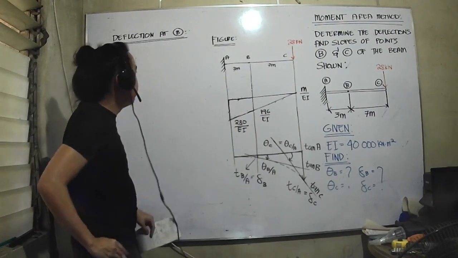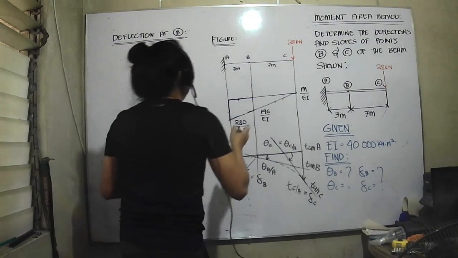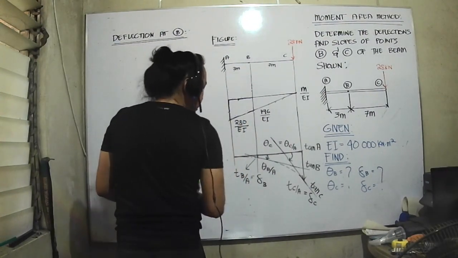Okay. So let's try solving for the deflection at C. Now, deflection at C, that is just essentially tCA.